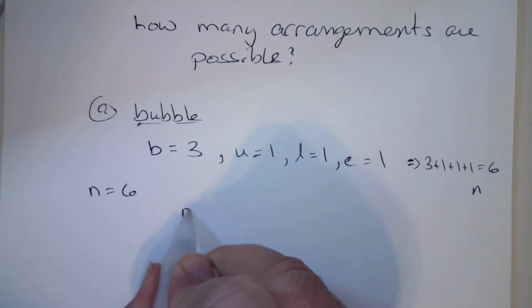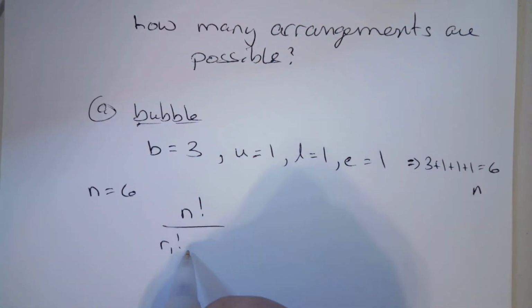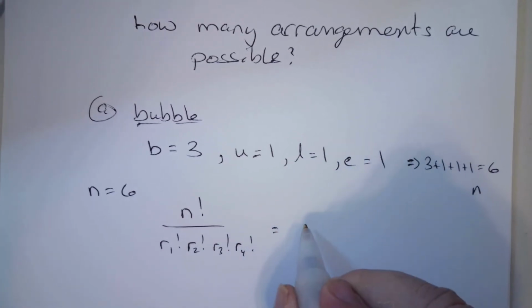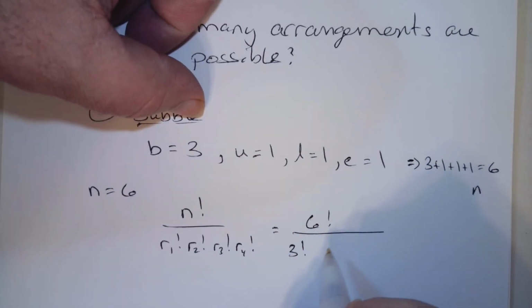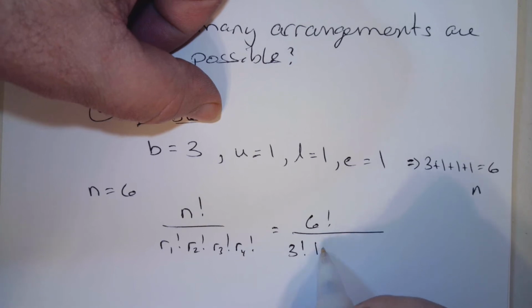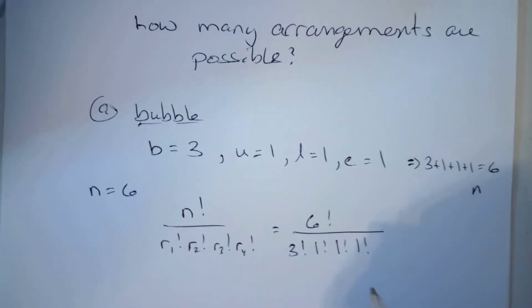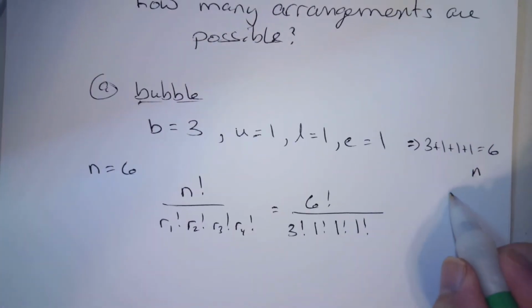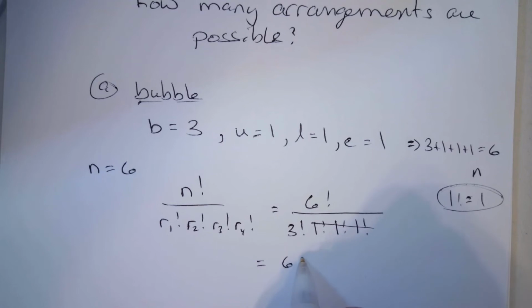So the number of possible ways: you have R1, R2, R3, R4. So it's 6 factorial divided by 3 factorial times 1 factorial times 1 factorial times 1 factorial. 1 factorial is simply 1, so I don't need those. 6 times 5 times 4 times 3 times 2 times 1 over 3 times 2 times 1.